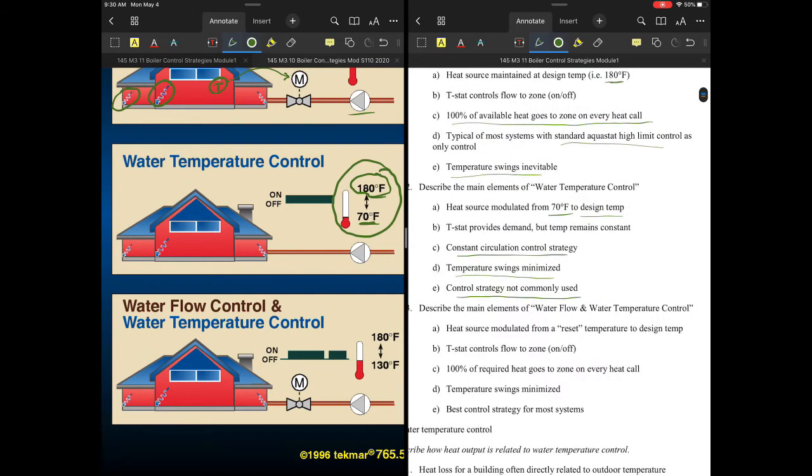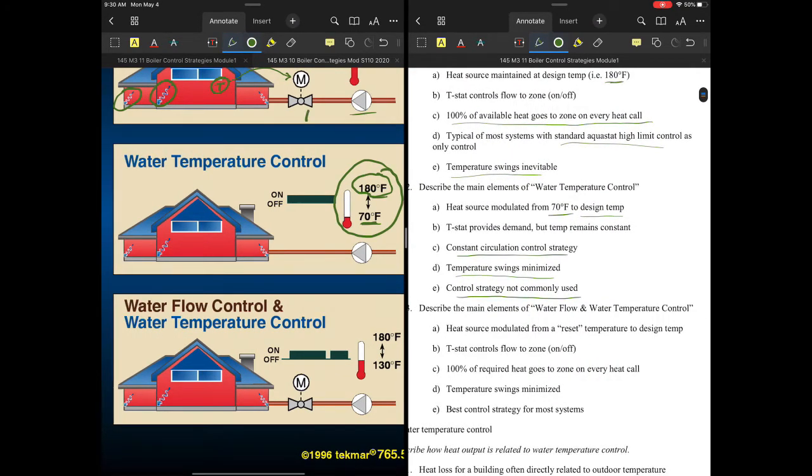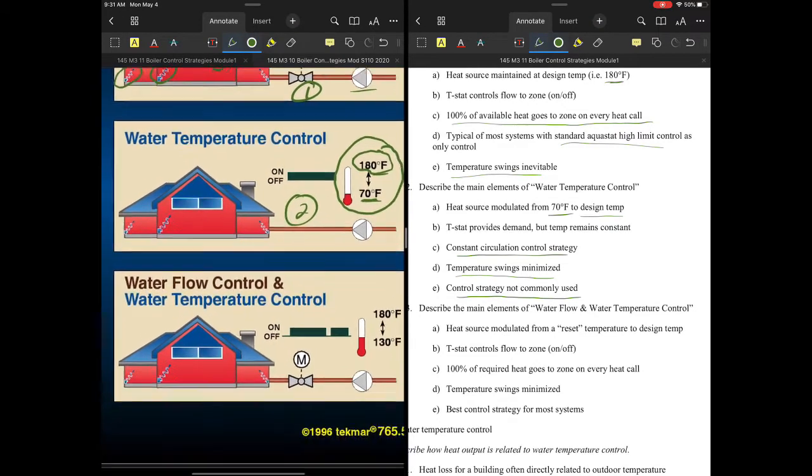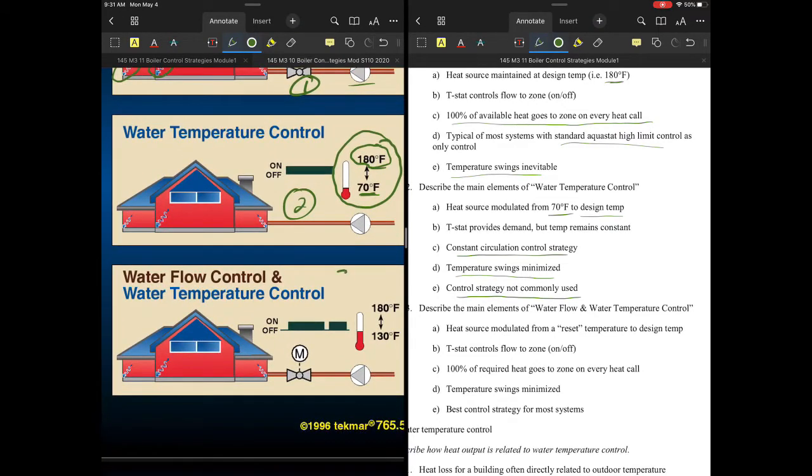They would be minimized. A more common strategy that we're going to deal with here, guys, is some sort of a water flow control and a water temp control strategy. When we look at that, what we're really doing is taking the strategy of flow control, number one, and the strategy of number two, and incorporating them together.